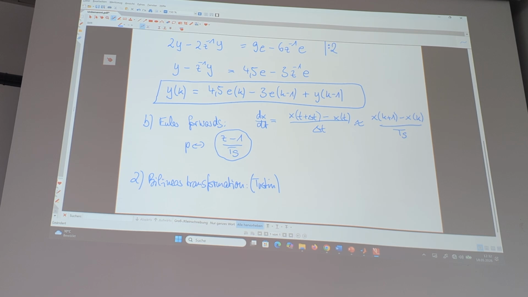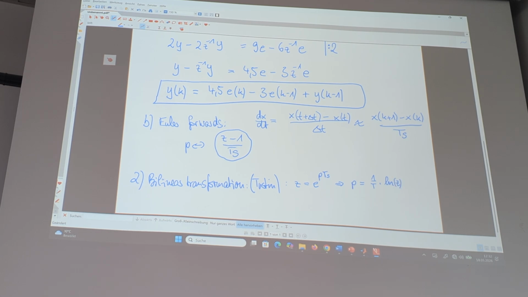And maybe a few words about the background here. So actually it's all about the definition of z, which is e to the power of p times capital T, the sample time, or ts. So we can solve this equation for p, and p is then 1 over t times the natural logarithm of z.